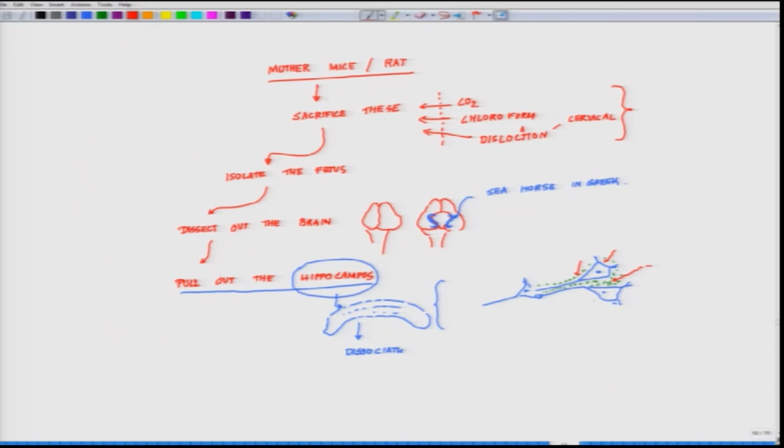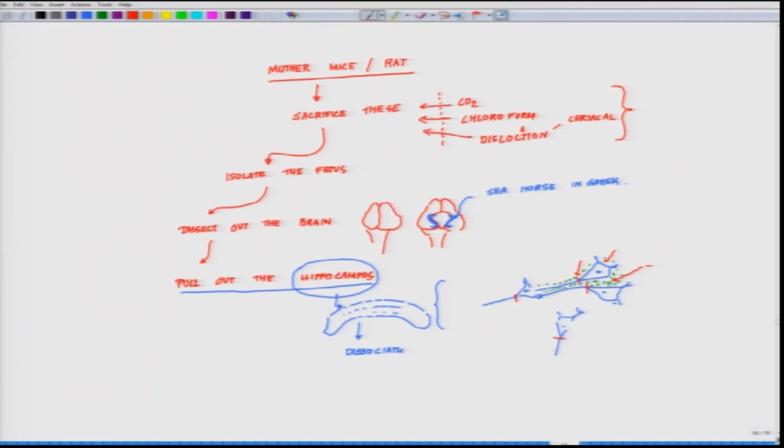So, using some technique, you split the cells into a single suspension. What you want to achieve is to have the cells separated out like this. But while doing that process, most likely you are going to break some of these.